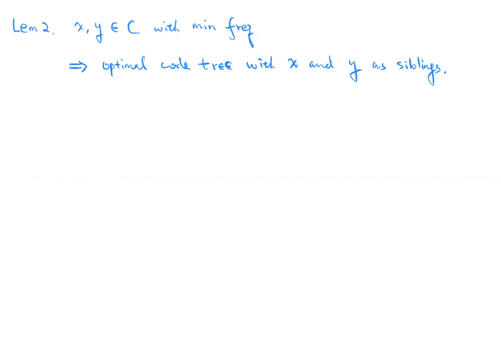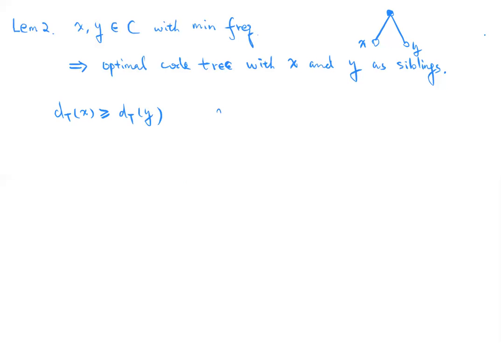So x, y will be replaced by this new character. We'll show that there is always an optimal code tree with this structure, and therefore the algorithm works. This one is actually straightforward. Suppose, without loss of generality, that x is lower than, or no higher than, y.